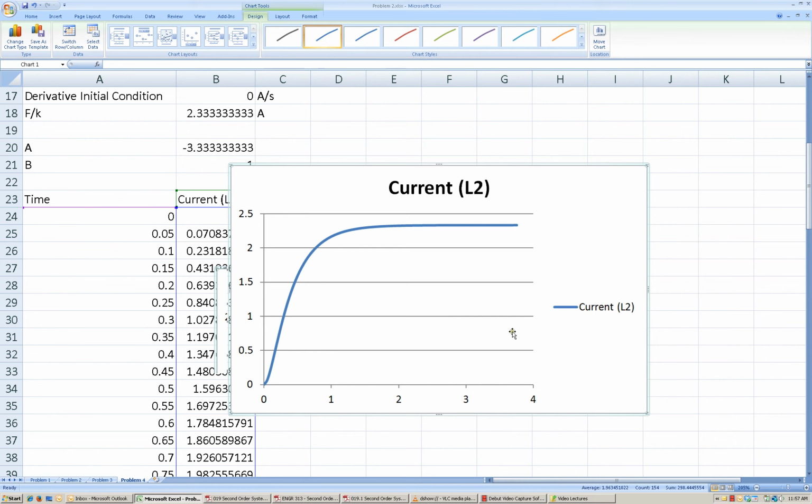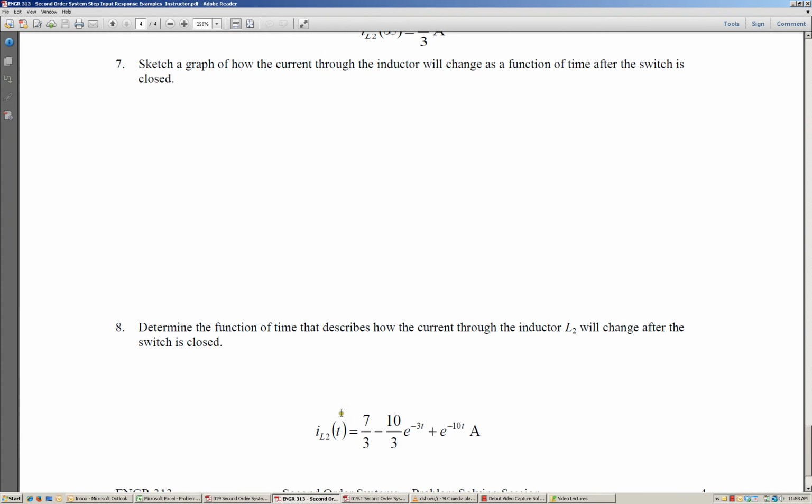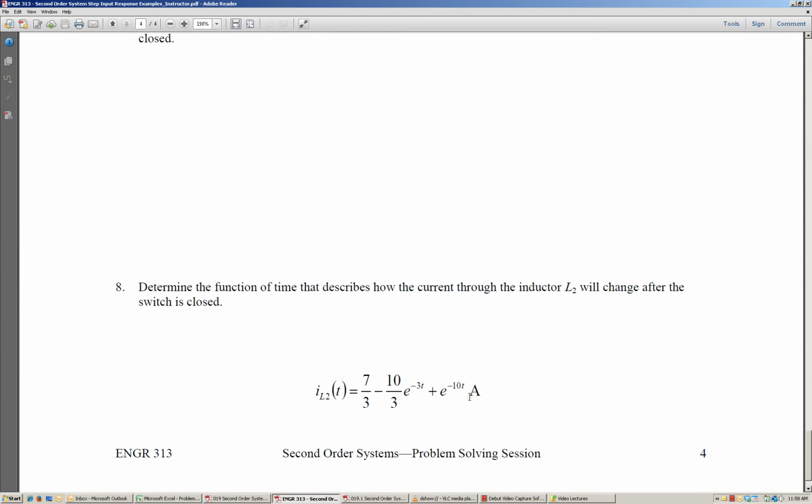That solution is also available in written form on our solutions worksheet here. This is how we would express that in written form, and you can see the eigenvalues, the values of the coefficients A and B, as well as the value of F over K, which is the 7/3 there.